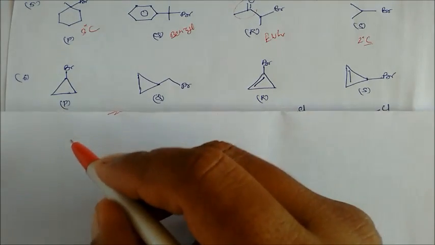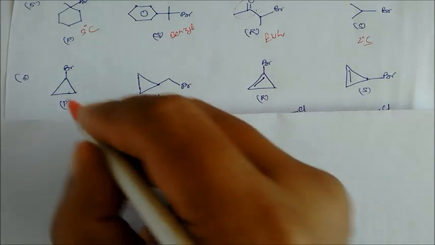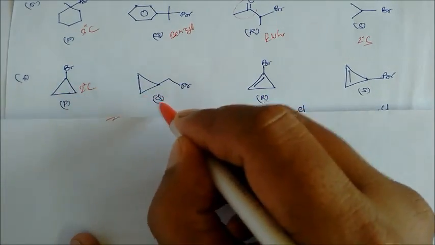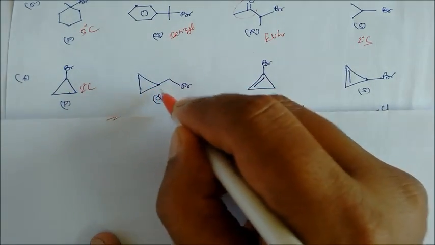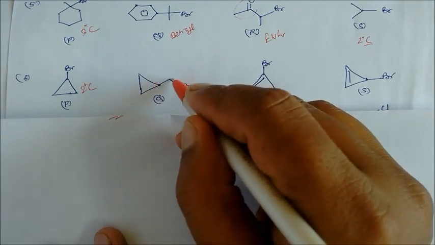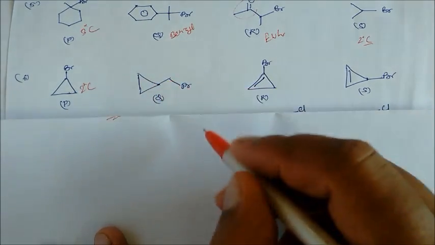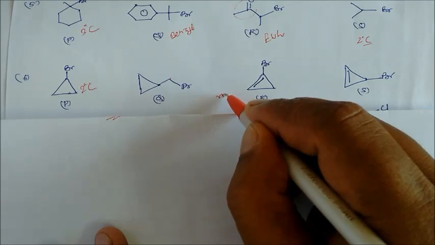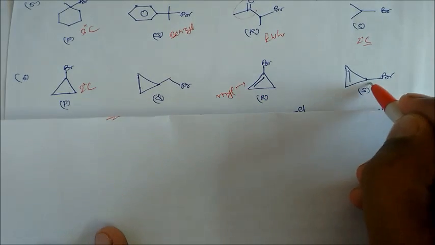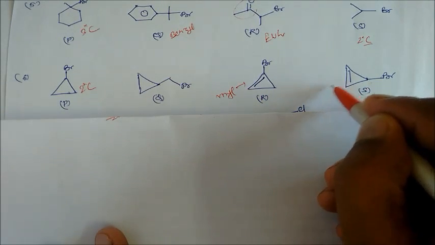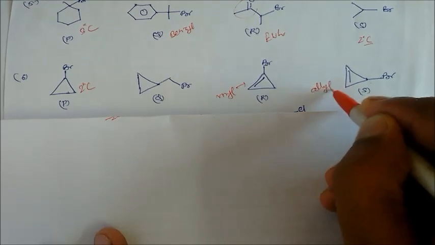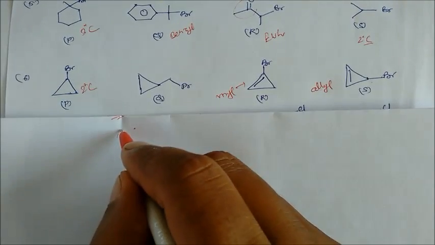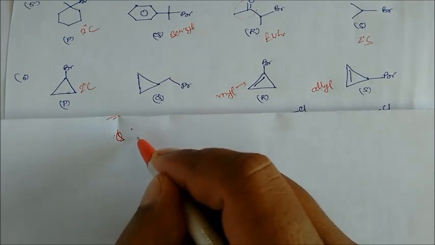You can see here this is your secondary carbon. In Q, this carbon is your primary carbon, followed by the cyclohexane. This is totally vinylic, and S is your allyl. So the reactivity will be first Q. Why Q?